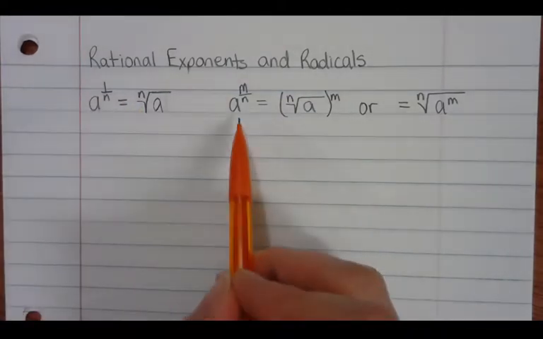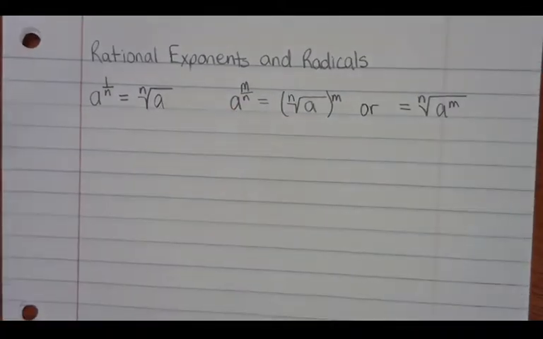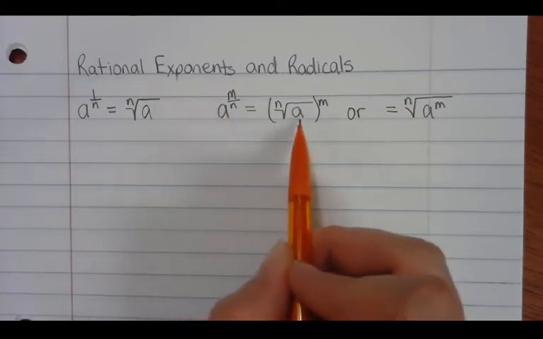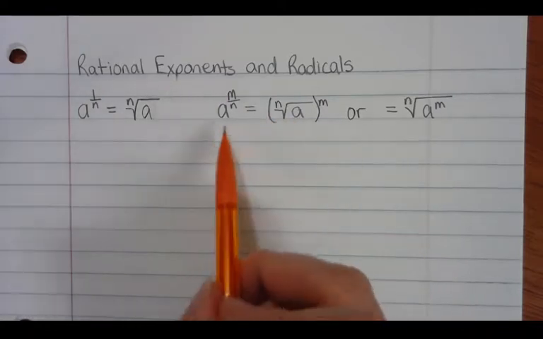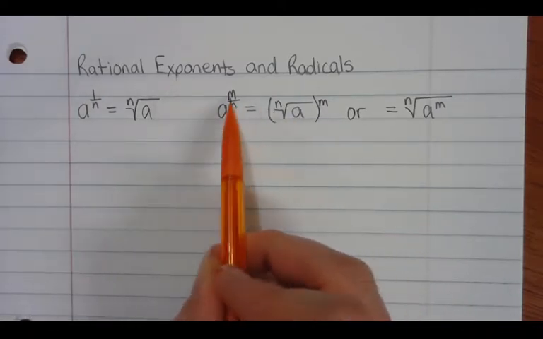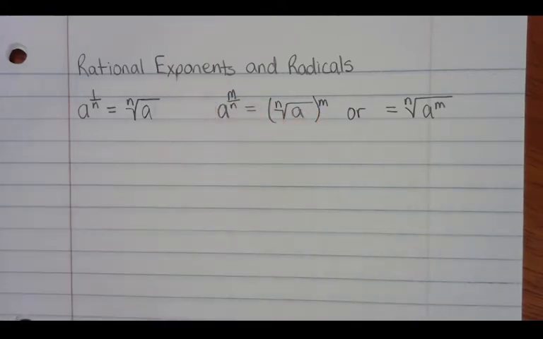Let's look at a to the m over n. Notice in this one, our base is still inside the radical, so it becomes our radicand. The denominator is your index number, but the numerator is going to be your exponent. So I always say if it's up high, it stays up high.